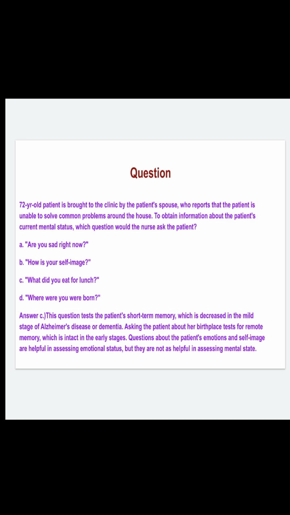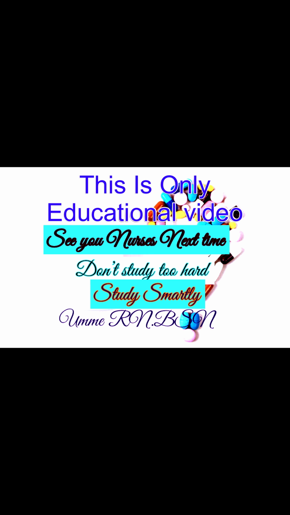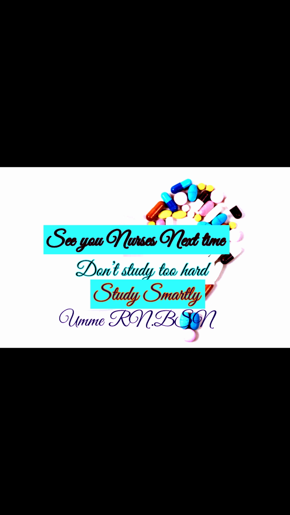What did you eat for lunch? This question helps to assess the patient's short-term memory, whether they can remember, especially in Alzheimer disease patients. So that's why answer C is the right answer, and the rest of them are not the right answer.